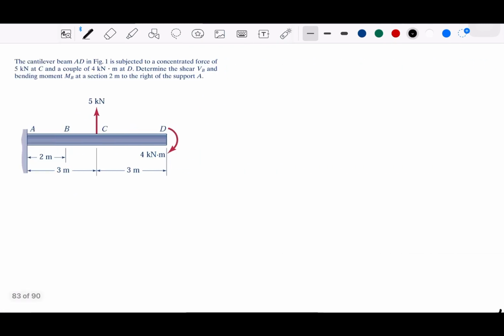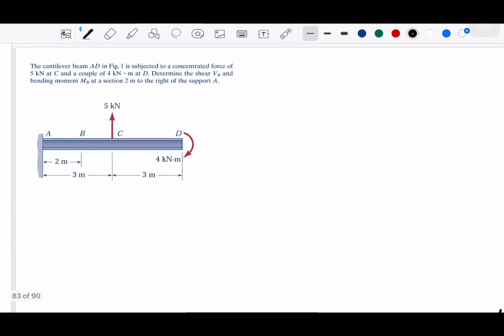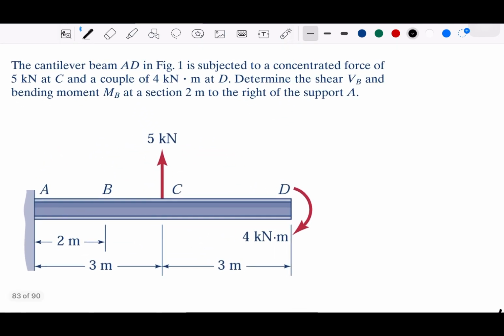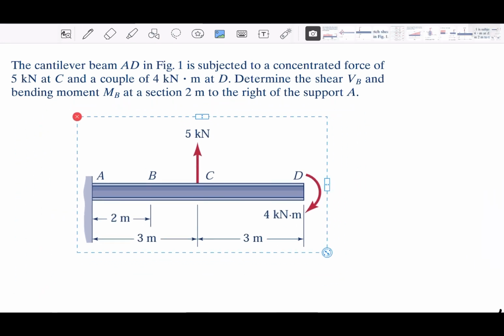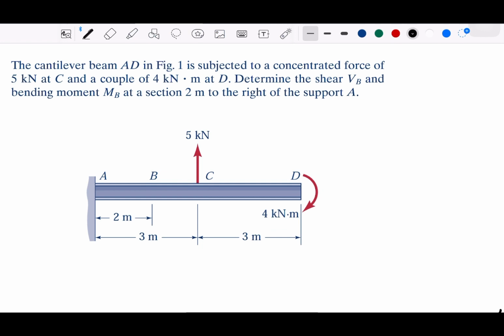Okay, so this is the cantilever beam AD. This is figure 1. It's subjected to a concentrated force at C, 5 kilonewton, and a couple of 4 kilonewton meter at D. So it's a cantilever, which means one side is fixed, like a wall.